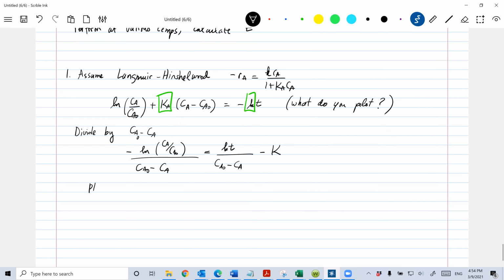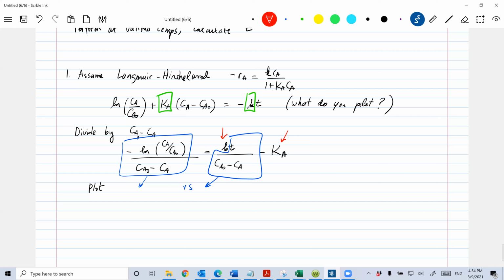So if you plot this guy versus this guy, then you can calculate k and K_A. So you can see how you can use the integral method, using data from a batch reactor.